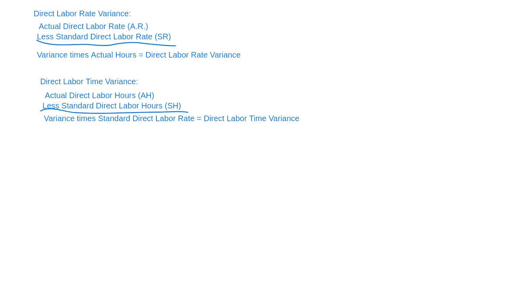What we can do to determine the standard direct labor hours is take the standard time that it takes to produce one unit, and multiply that by the actual units produced.